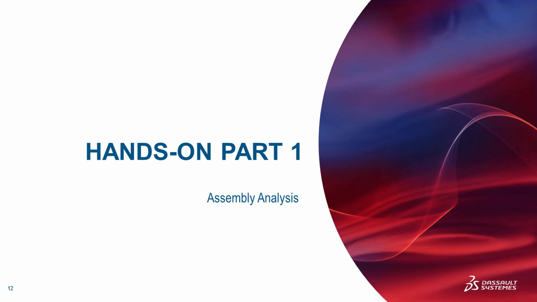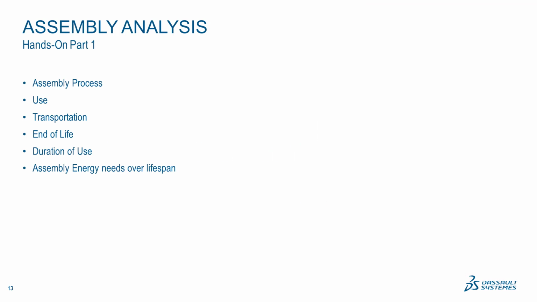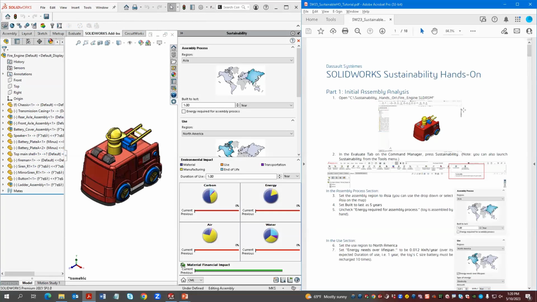So let's jump into SOLIDWORKS Sustainability, and we'll do part 1 of the hands-on presentation. And in this, we'll focus on assembly analysis in SOLIDWORKS Sustainability. So on the right side, we see the tutorial that we'll be following in SOLIDWORKS Sustainability, and I have SOLIDWORKS 2023 SP2 up and running on the left side.